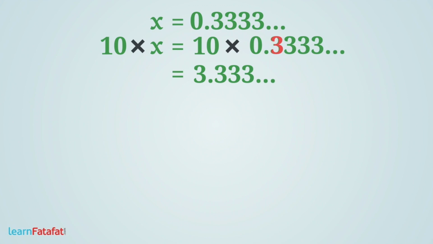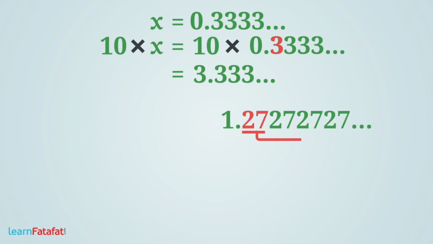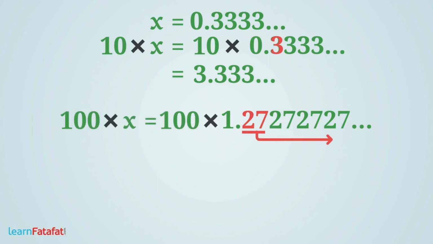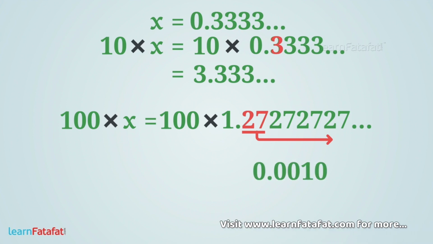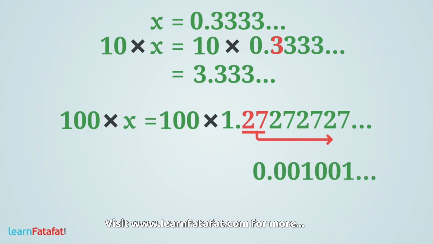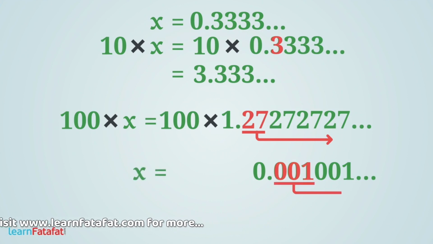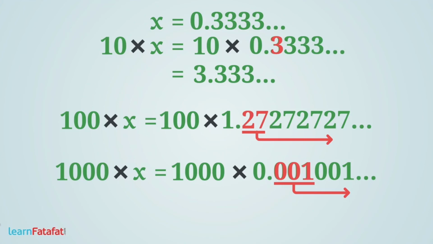If there were two repeating digits like 1.27272727, that is 27 repeating, then we would have multiplied both sides by 100. If there were three repeating digits like 0.001001, that is 001 repeating, then we would have multiplied by 1000 and so on.